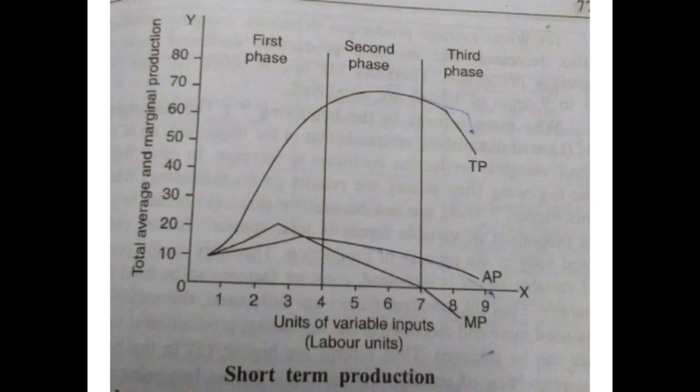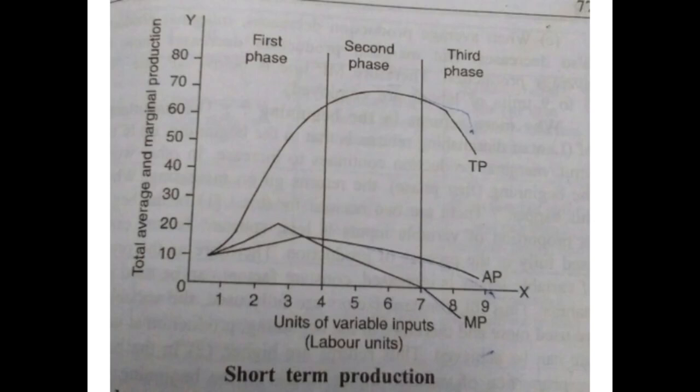At this point, AP and MP cross each other, that is at the fourth unit of labor, correct? At this point, they are crossing each other, that is at the fourth unit of labor.